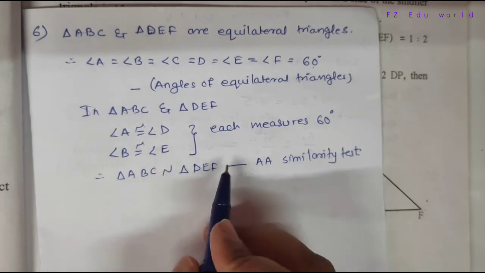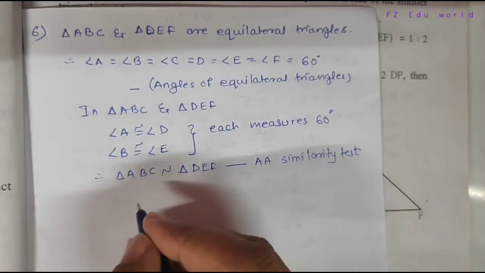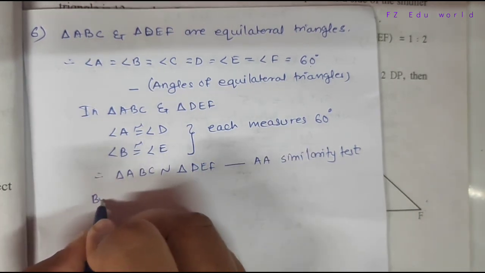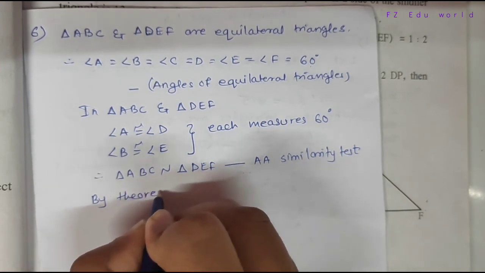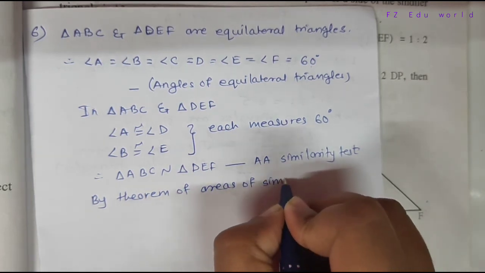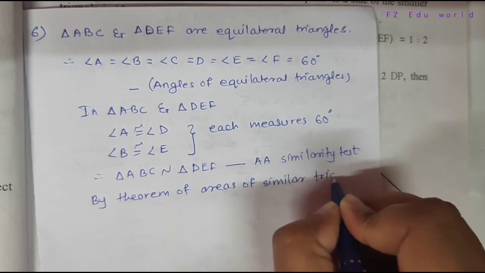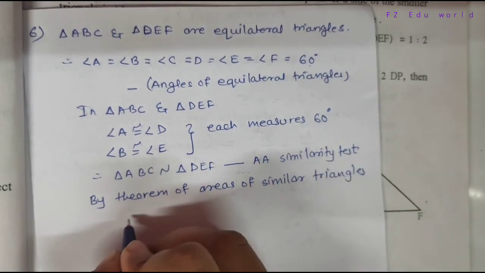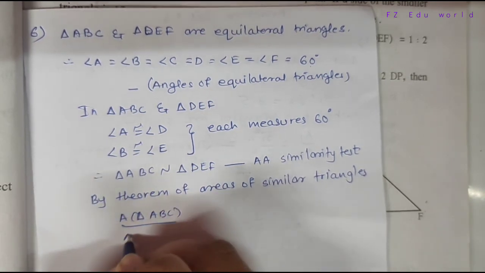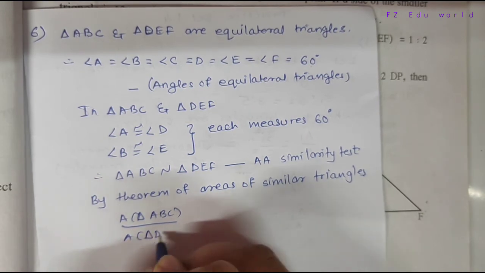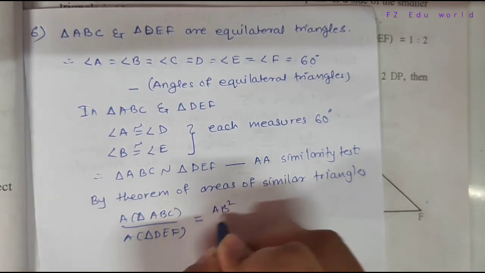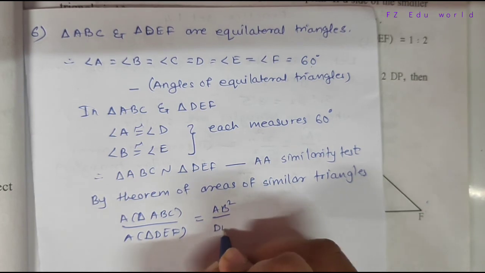As these two triangles are similar, we will use the theorem of areas of similar triangles. So we will write by theorem of areas of similar triangles, what is that? Area of triangle ABC upon area of triangle DEF is equal to AB square upon DE square.